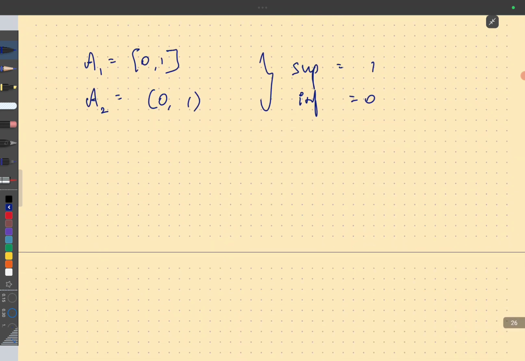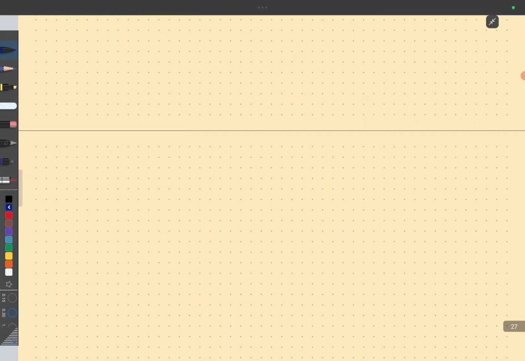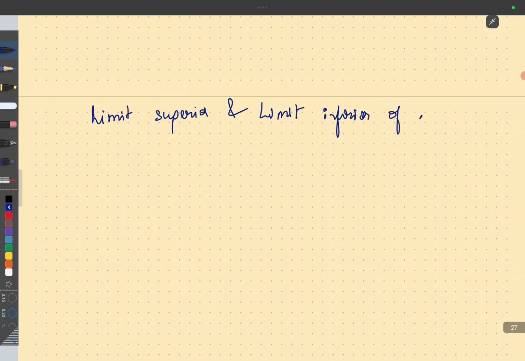Great. So one other concept that we'll use, and it will be the last for this particular class, are the limit superior and limit inferior of sequences.